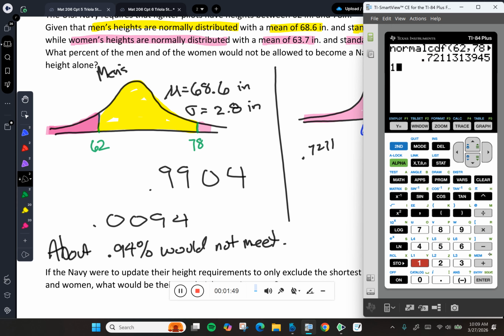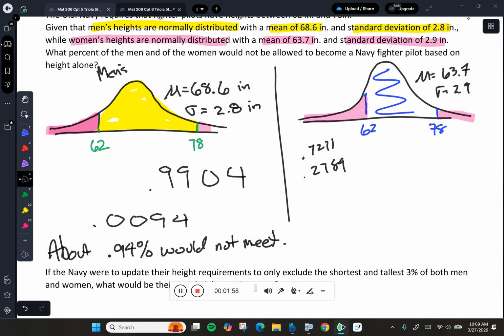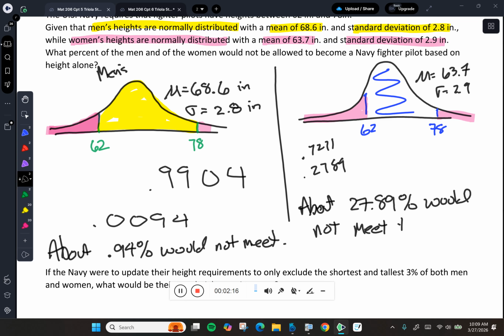And now I'll take 1 minus 0.7211, and I'll get 0.2789. So now I need to interpret this, and I would say that about 27.89% would not meet the height requirements.